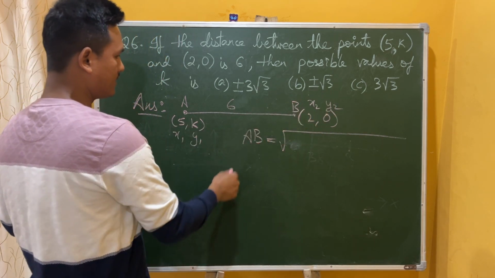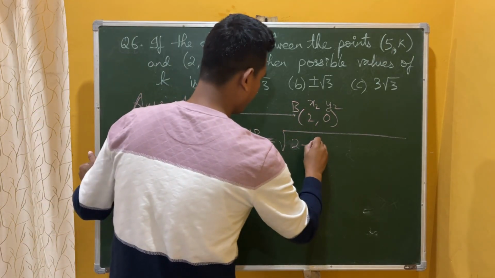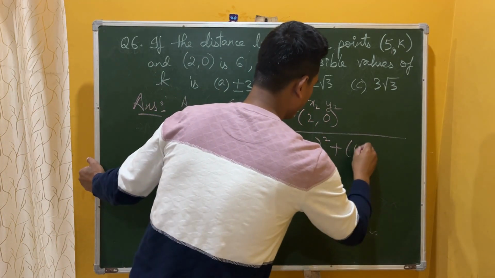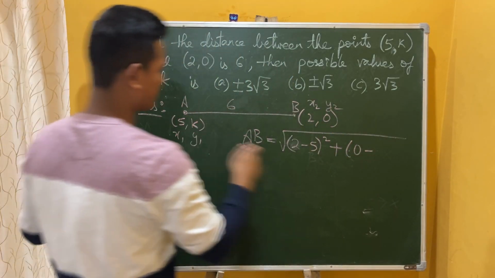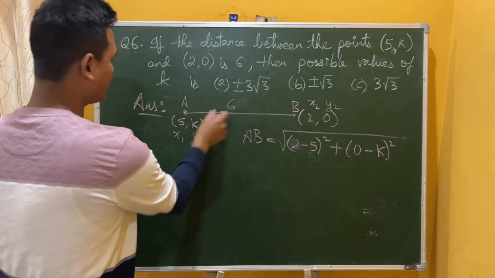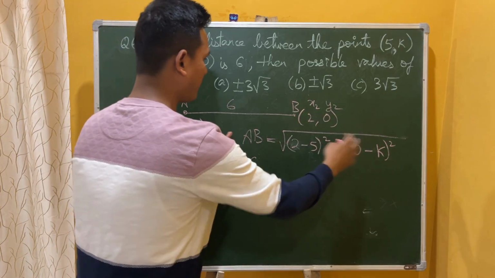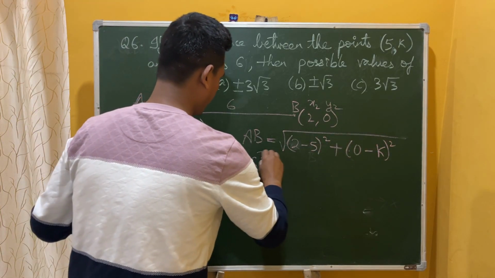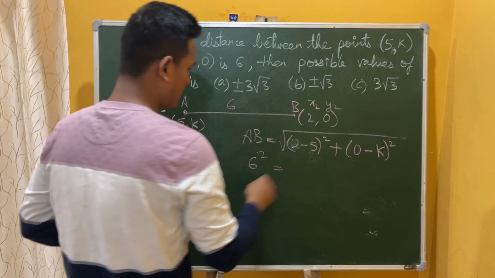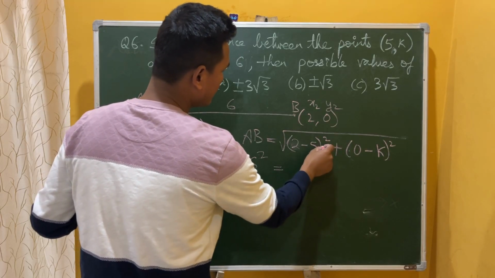Now the distance formula is the square root of (x2 minus x1) square, where x2 minus x1 is 5, plus (y2 minus y1) square, where that is k. The distance between them is given as 6. Squaring both sides, 6 will be squared while this root will vanish because you have squared both sides. So this is 2 minus 5, which is minus 3. Minus 3 square is 9.